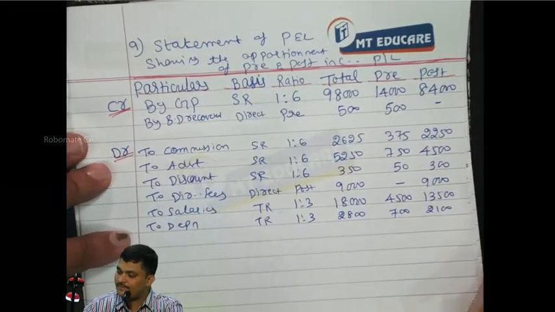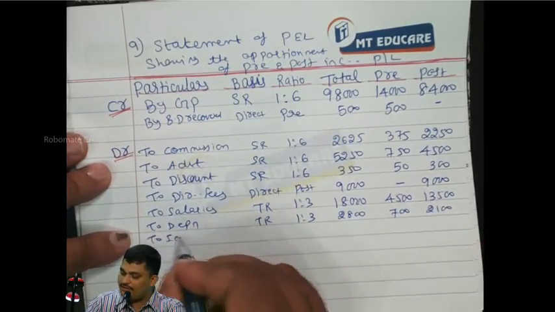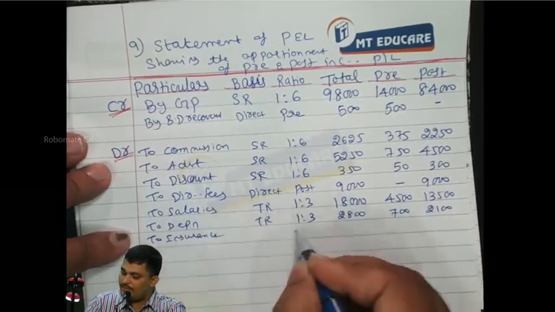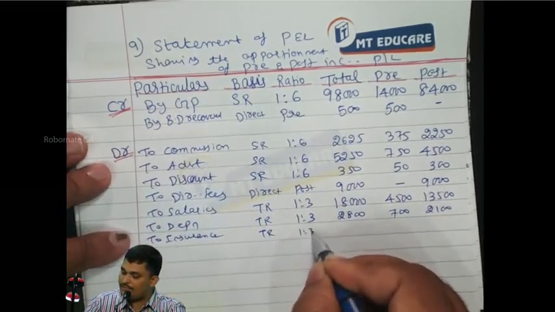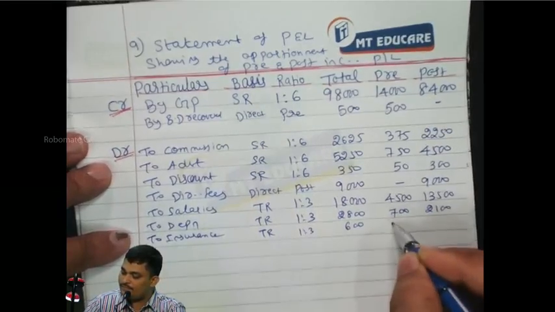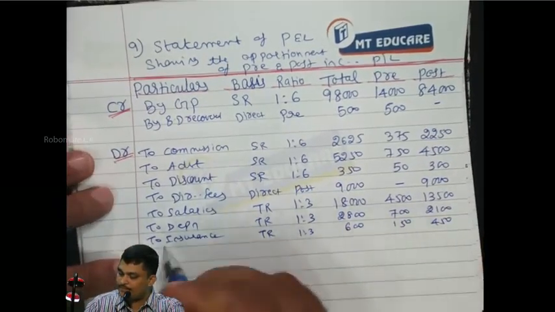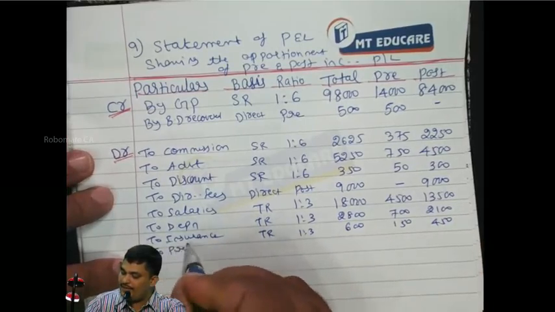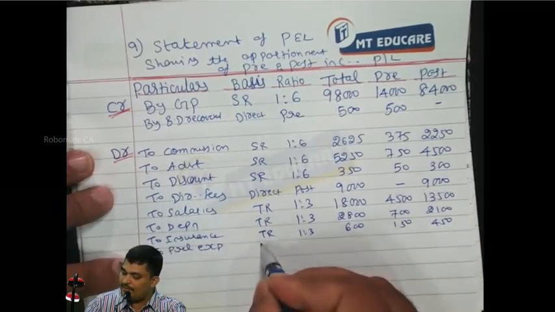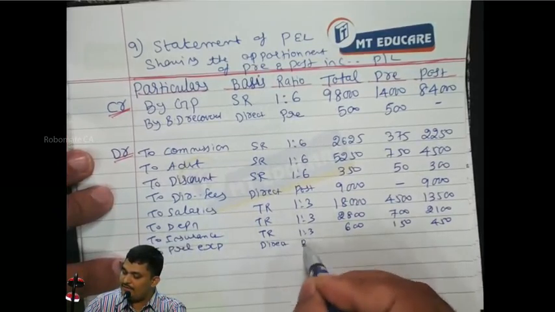Then insurance, time ratio. Then preliminary expenses, direct post.